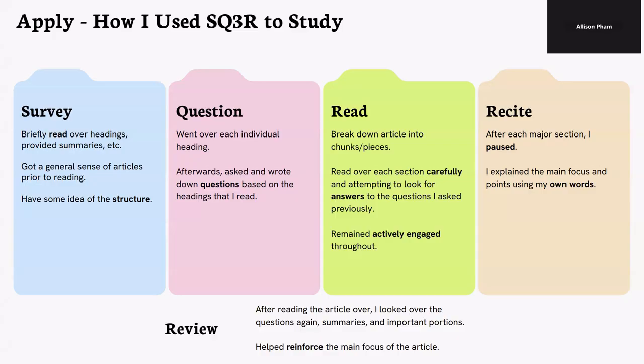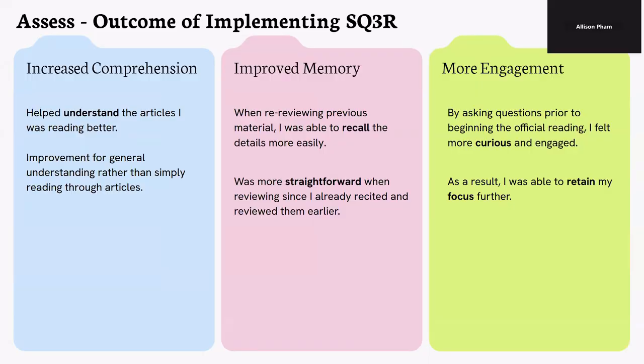And lastly, to wrap up, in terms of reviewing, I focus on, one, looking over the questions again, the provided summaries if they were provided in the beginning, and also looking back on the portions that I did focus on summarizing. In general, the outcome is comprehension, specifically an increase of it in terms of helping me understand the articles that I was reading better, allowing for me to generally understand rather than specifically just reading it directly through.